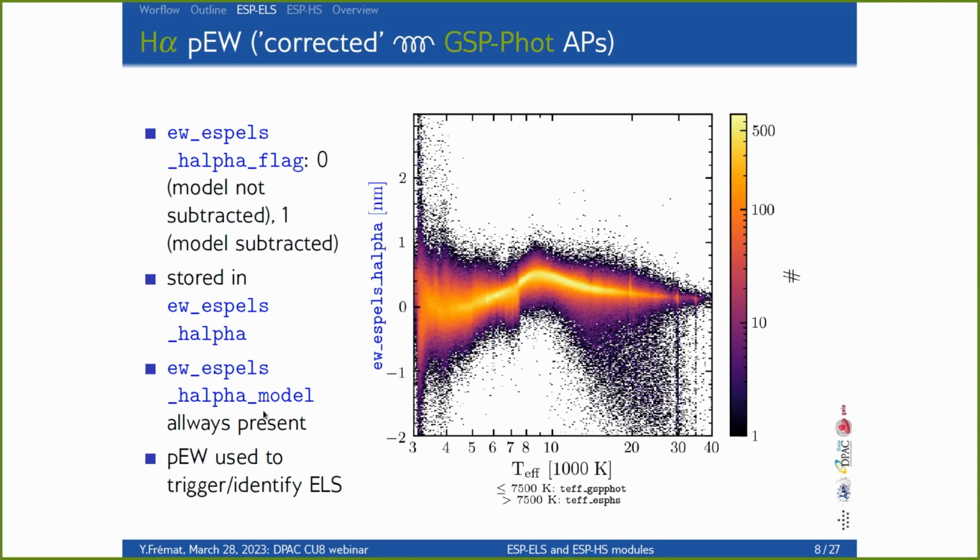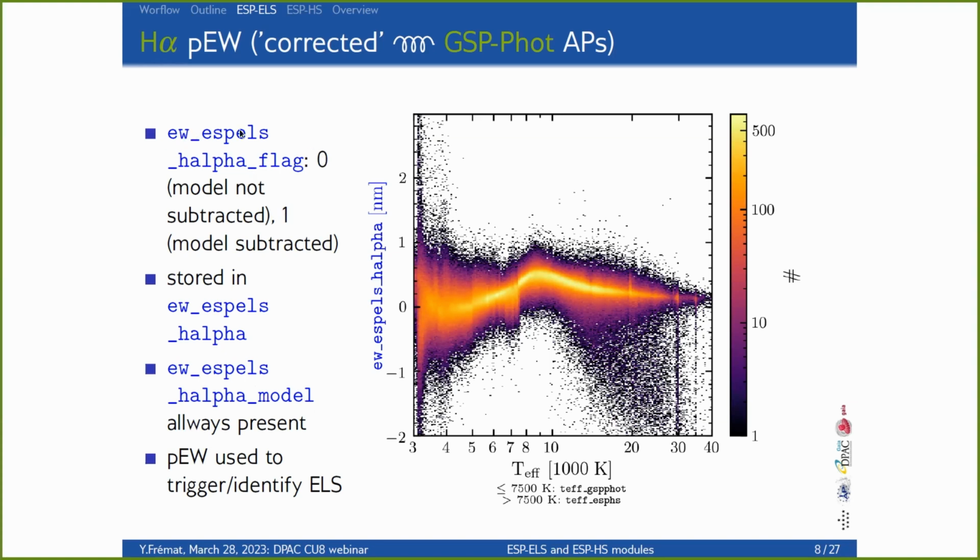Now, that's not very important. For example, if you want to work directly on the measured value, we also store, for all the stars, even those for which we didn't apply this correction, the value measured on the synthetic spectra.